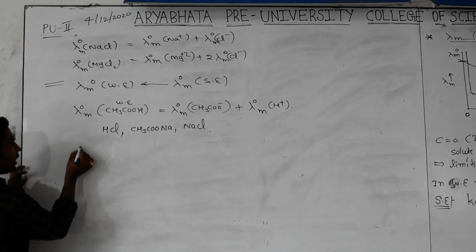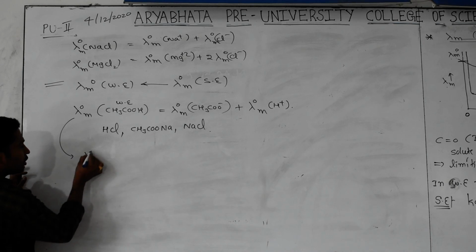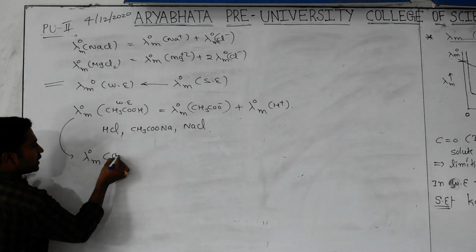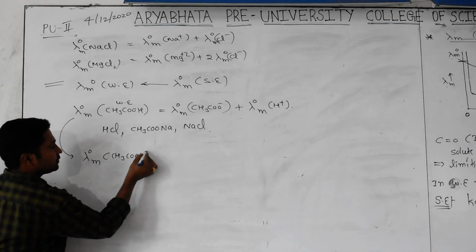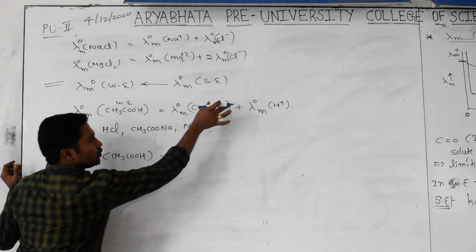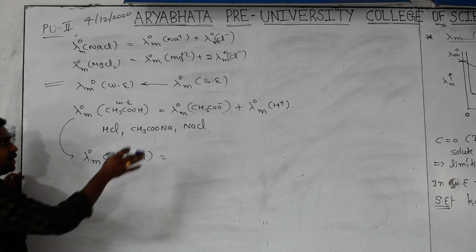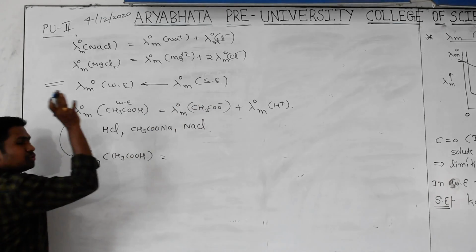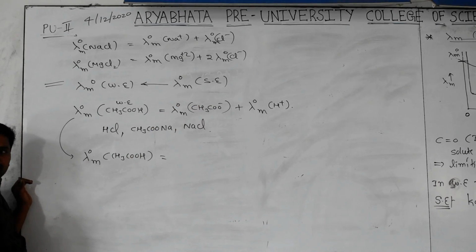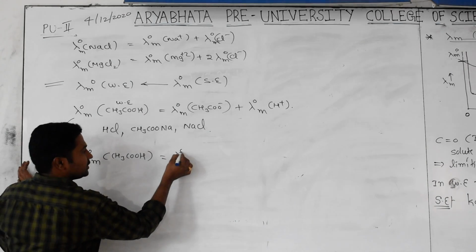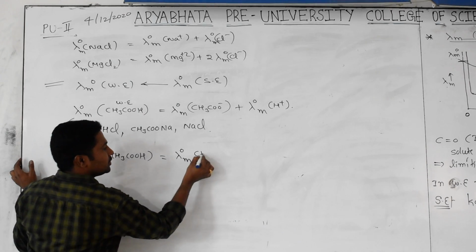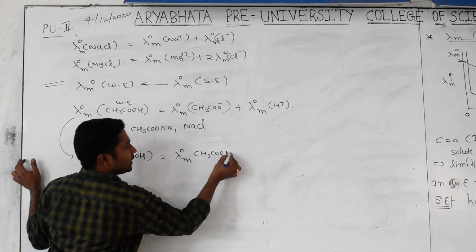Now, how do you get this one? Lambda naught m of CH3COOH. These two ions we have to get by using these three chemicals, by addition and subtraction. I will write here: lambda naught m of CH3COONa.